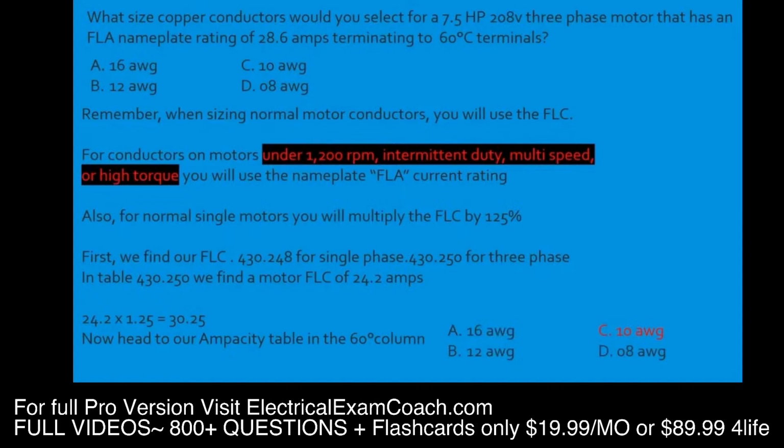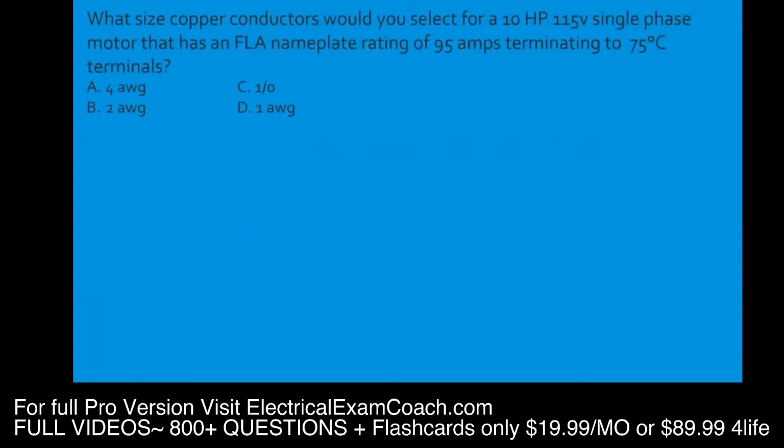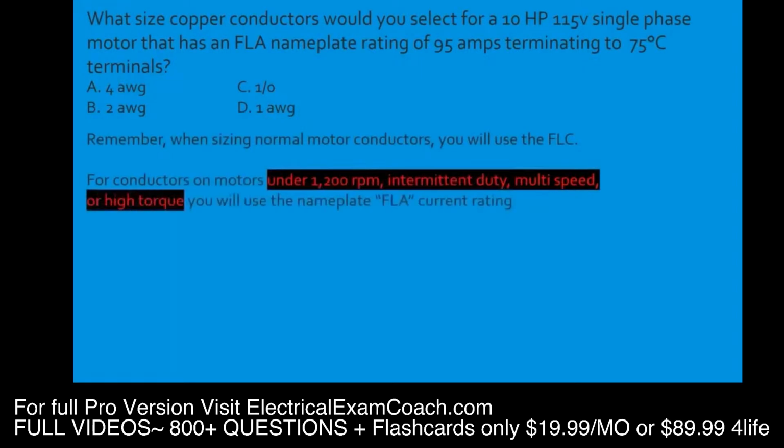Great job. What size copper conductors would you select for a 10 horsepower, 115 volt, single phase motor that has an FLA nameplate rating of 95 amps, terminating to 75 degrees C terminals? Remember, when sizing normal motor conductors, you're going to use the FLC. When you have these motor situations, you're going to use the nameplate FLA.